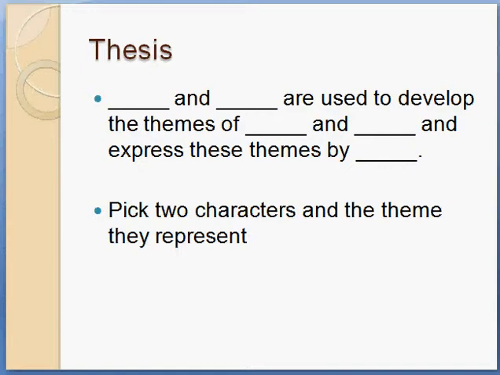And again, it provides you this really great opportunity to talk about character, theme, and the relationship between the two. So again, pick two characters, pick two themes that they represent, and you're going to talk about how they express these themes. So this is a pretty simple essay here, only about 4 or 5 paragraphs, 500 words.